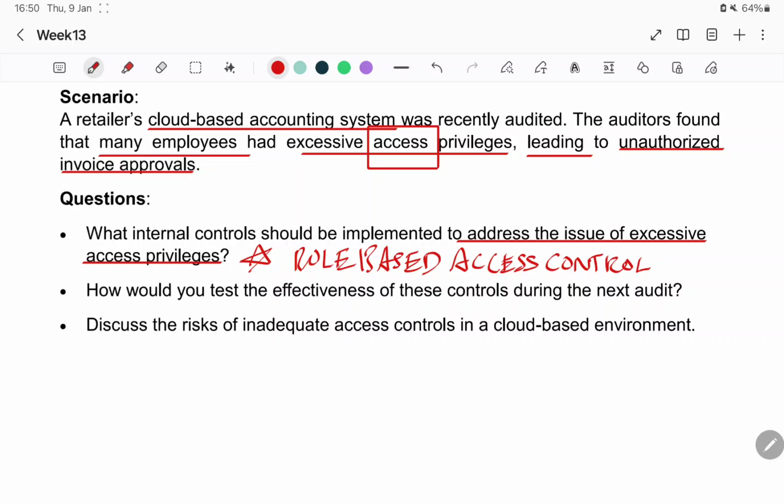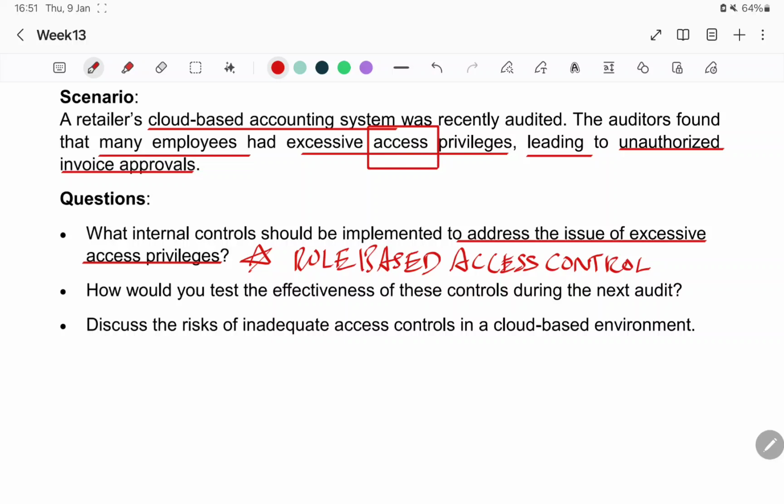Okay, then how would you test the effectiveness of this control during the next audit? How are you going to test this? You're going to make some example, right?